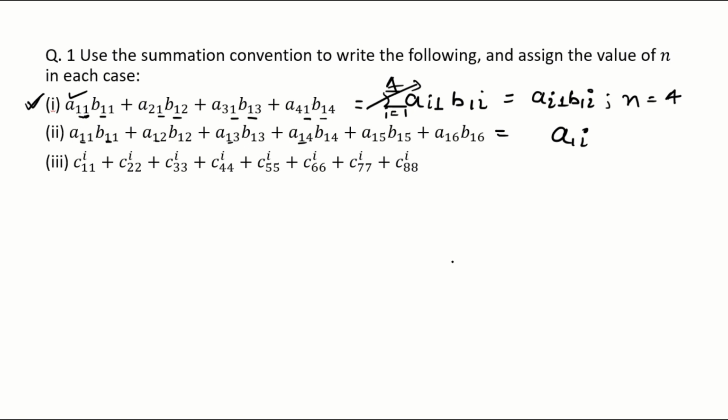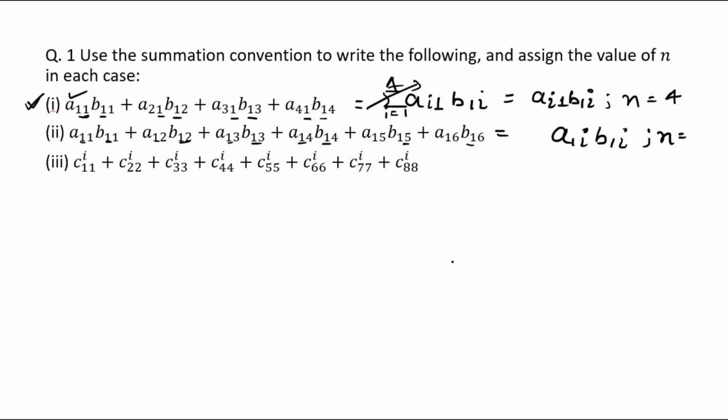Again for b also the first subscript is fixed in each term. So we will write b_1i, and i from 1 to 6, but there is no need to write the sigma notation. We will drop it and mention the value of n.